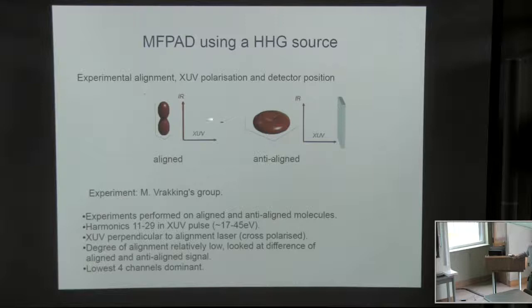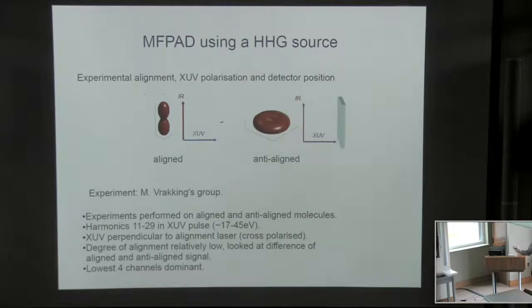And they ionized their aligned molecules, and then they detect the electrons over here using a velocity map imaging spectrometer. The degree of their alignment, as Robert mentioned the other day, is really quite low. And because of that, they tried to recover angular structure by looking at the difference of the aligned and anti-aligned signal.